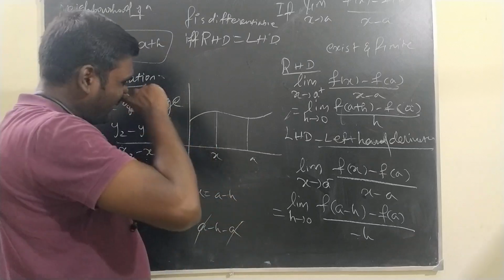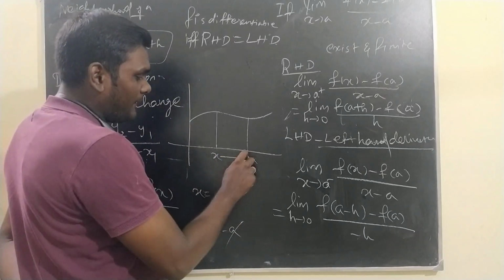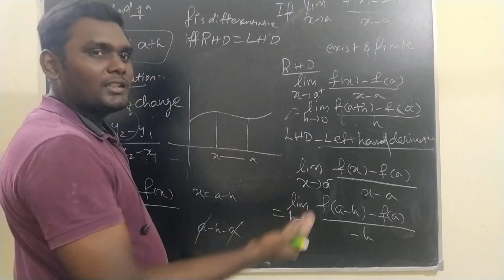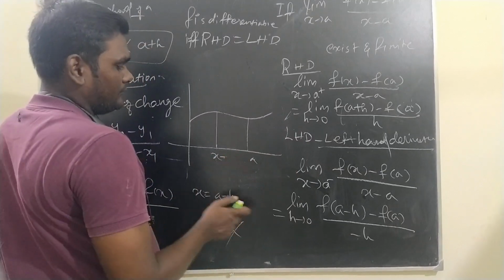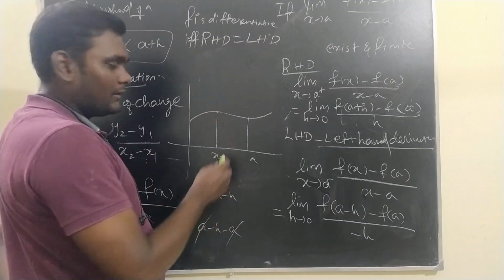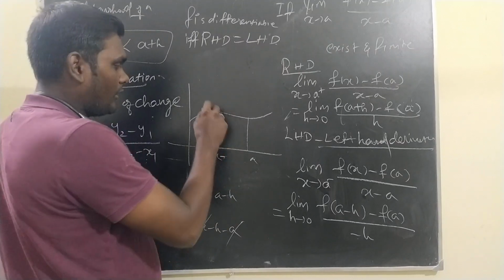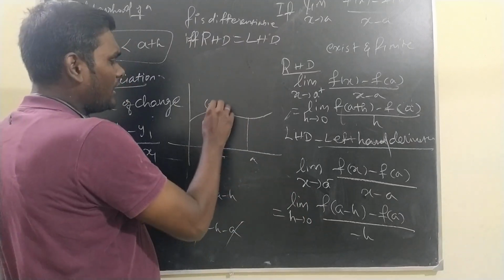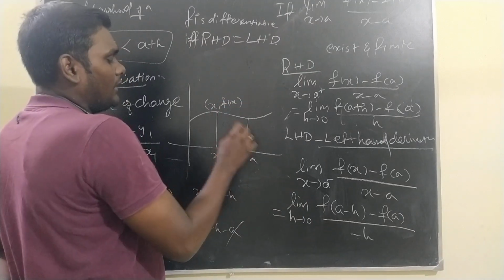So likewise, this x is approaching A. How much change will happen, that we are going to measure. When x is here, this point on the curve is f of x. So the point as an ordered pair, we take it as x comma f of x.